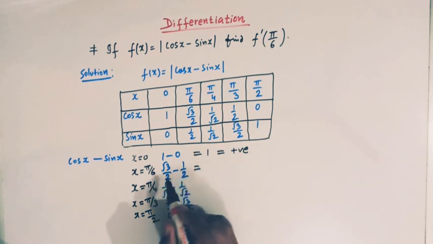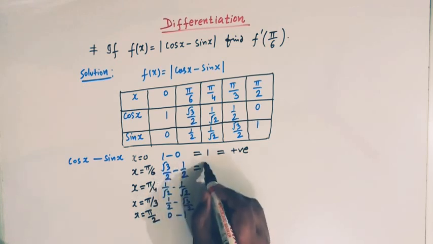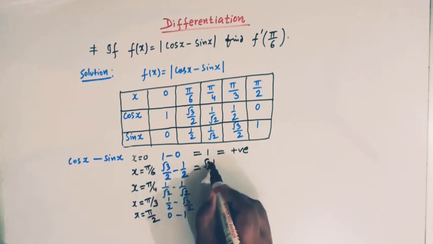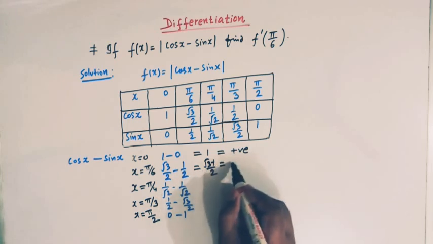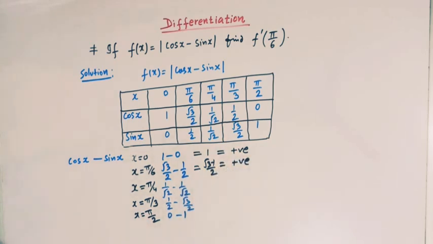Here we see that (√3 − 1)/2 is also a positive quantity, and 1/√2 − 1/√2 is 0, and 1/2 − √3/2 is a negative quantity, and 0 − 1 is also a negative quantity.